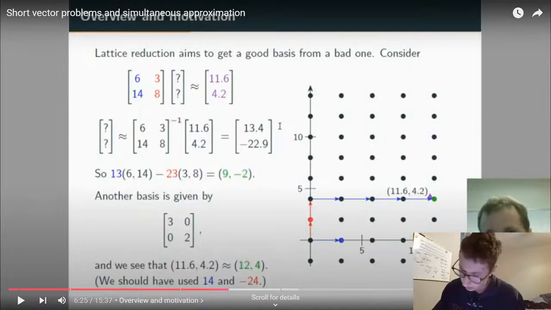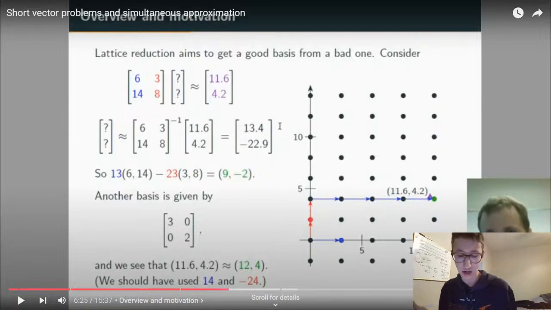We just proved that if we use those points, we end up landing at a point 9 comma negative 2, which isn't right. But then we see from a practical standpoint that if we had chosen 14 and negative 24 as our way to round our approximation, we would have gotten plus 6, so we would have landed from 9 comma negative 2 at 12 comma negative 4.